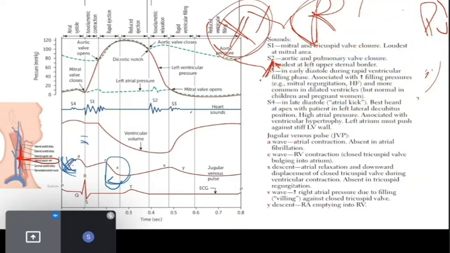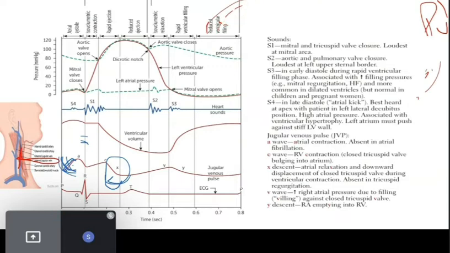Now, what is next? After the atrial relaxation, you will have the V wave, which is the filling of the right atrium. The filling of the right atrium is what will cause the V wave.